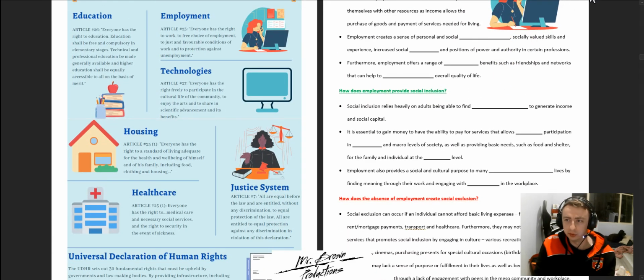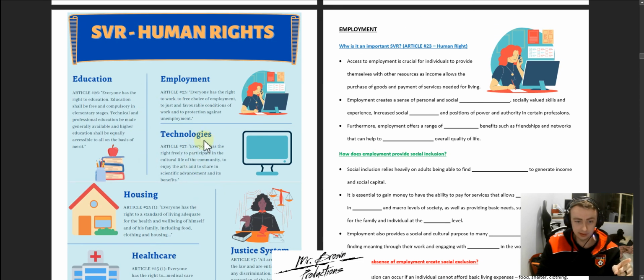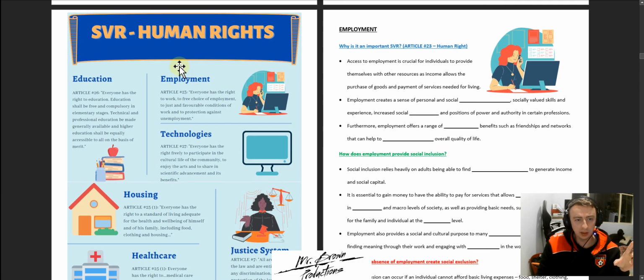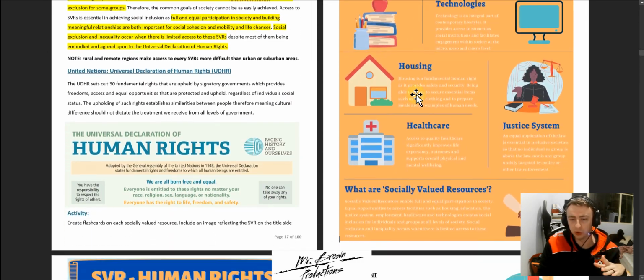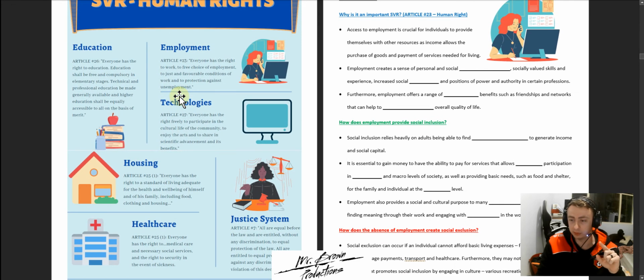Then what I want you to do as well is concept card these as well here. So these are our SVRs in the same order, but what I've done here is I've linked it to the human right. Okay, that's really important. So you're going to have two sets of concept cards for each.